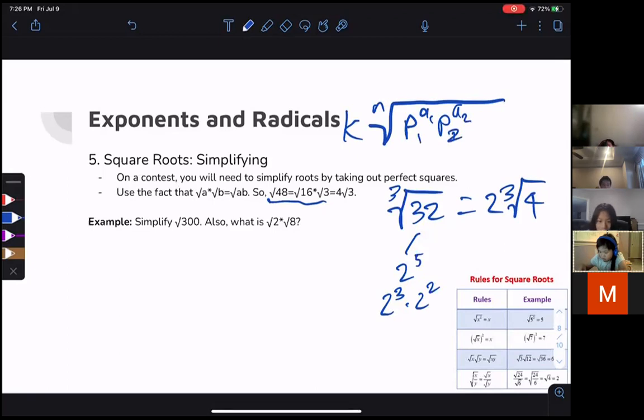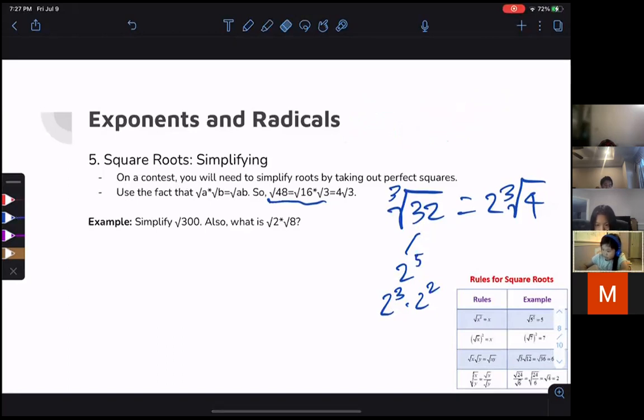Meaning that none of these powers is bigger than or equal to n, because if they are, you can always just take a factor out and move it outside. So if it's a square root, make sure you get all the squares out of the number. If it's a cube root, get all the cubes out, so that this number doesn't have any perfect cubes or squares.